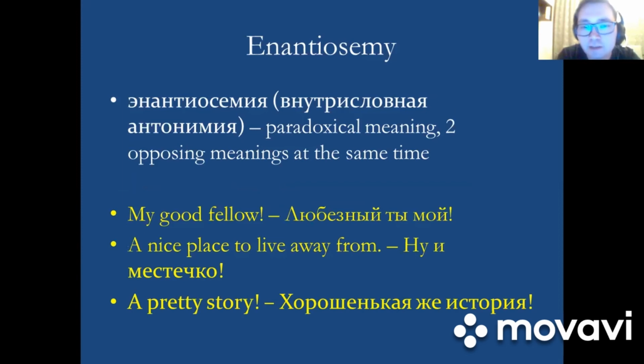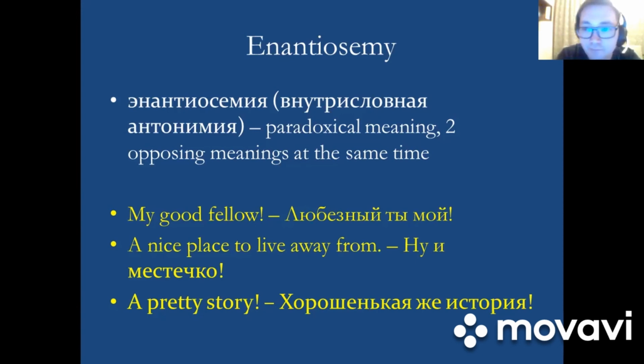It's a paradoxical meaning, when 2 opposing meanings are realized at the same time. Below you can see an example of enantiosemy. Let's look at it and see how it is translated into Russian.